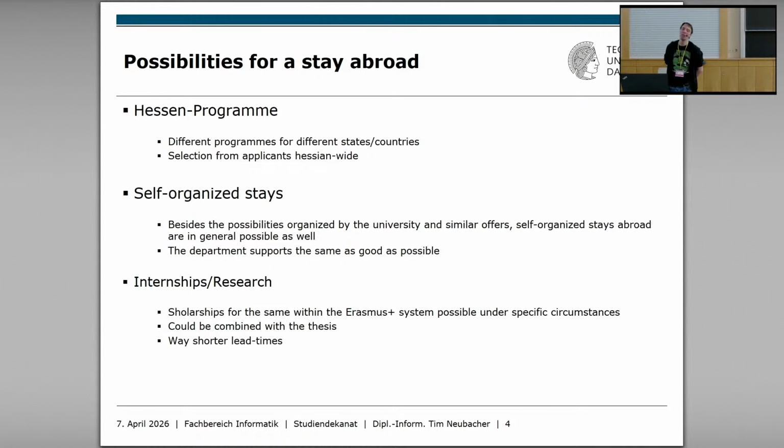Sometimes they just say you need to take a few courses at least, and what you do in your free time is your decision. So there are several options and differentiations. But yes, we had several students staying abroad conducting a thesis on several programs and several levels. I will get to another option for the same in the third point on the slide.